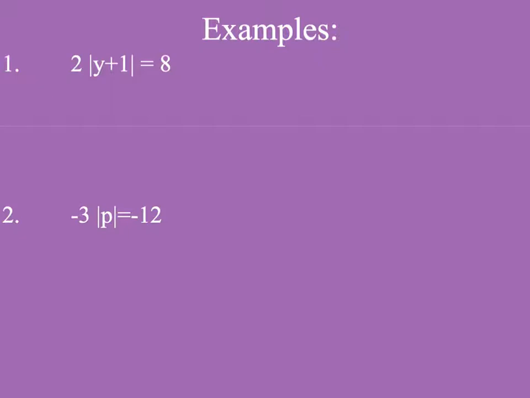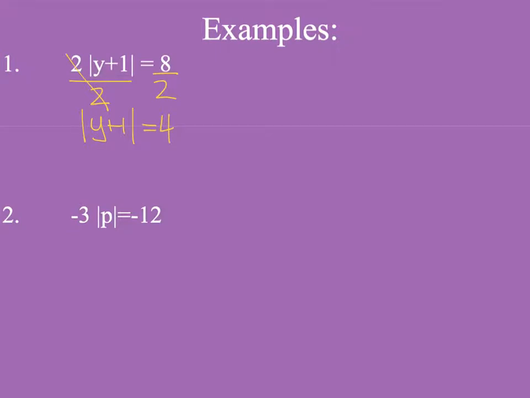Right now we're multiplying the 2 by the absolute value. So what we can do is divide by 2 on both sides of the equal sign. We've now made it the absolute value of y plus 1 equal to 4.